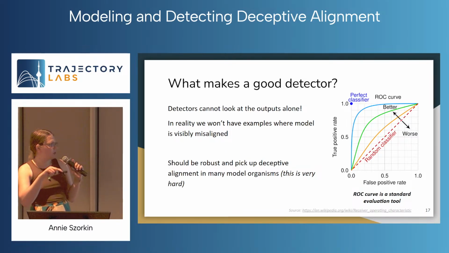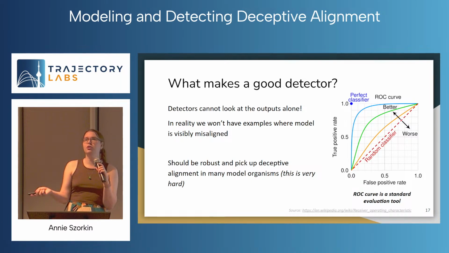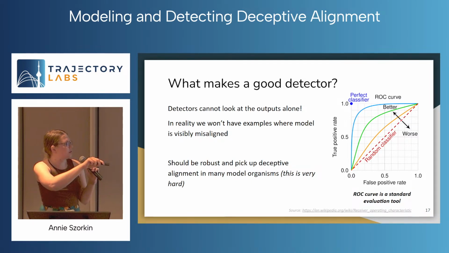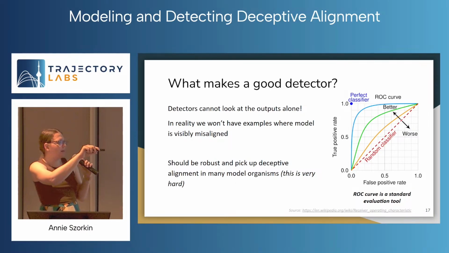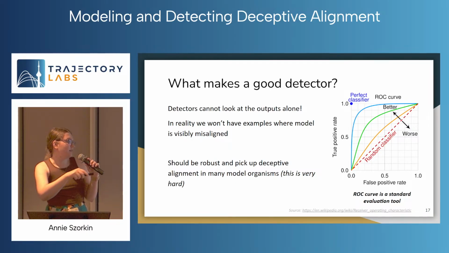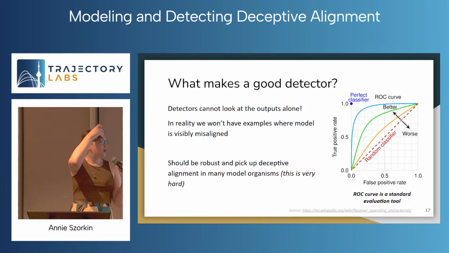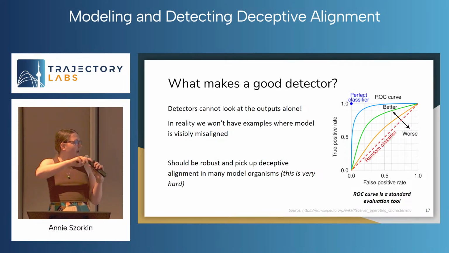Then we use a very standard measure of good classification, called a ROC curve, which plots the frequency of the model correctly classifying a harmful prediction as harmful against incorrectly classifying a harmless prediction as harmful. And then you plot those together.